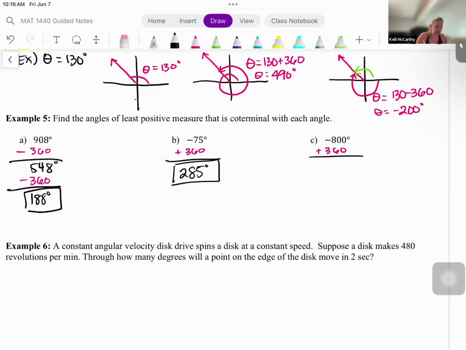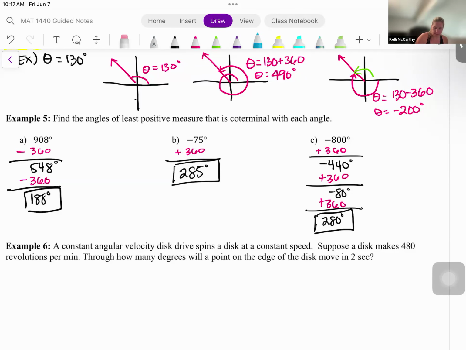If I add 360 degrees, I get negative 440 degrees. Still negative, we want to add another 360 degrees, giving us negative 80 degrees, still negative, so we need to add another 360 degrees, giving us 280 degrees.